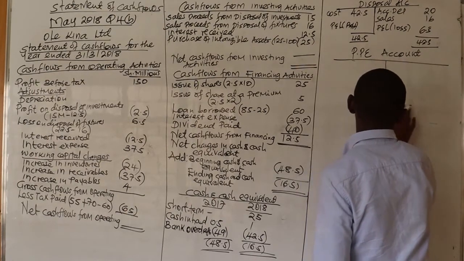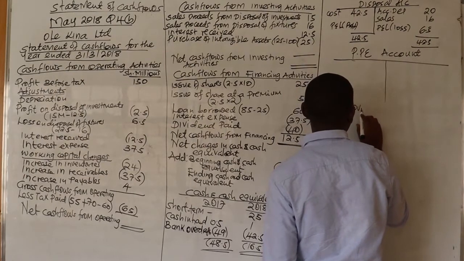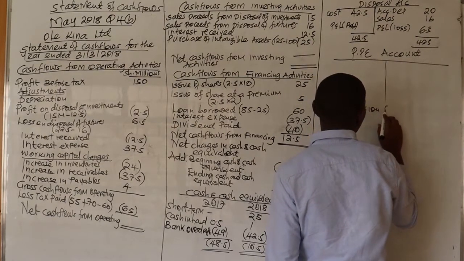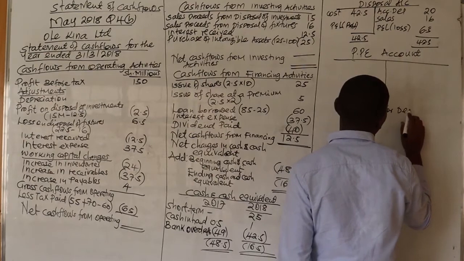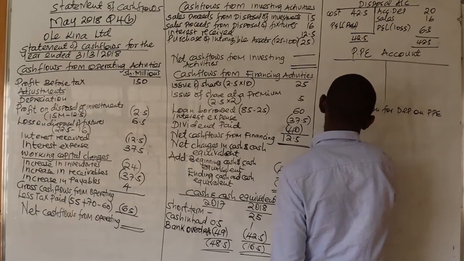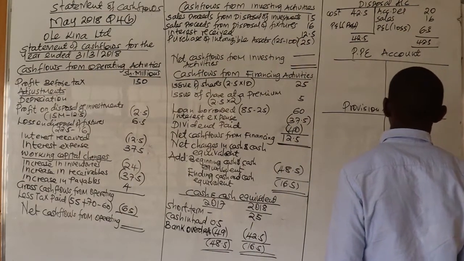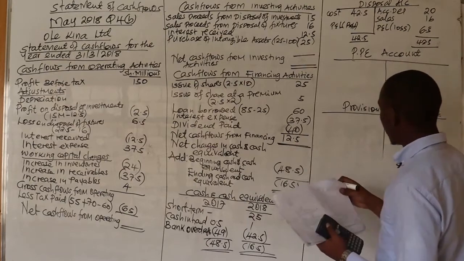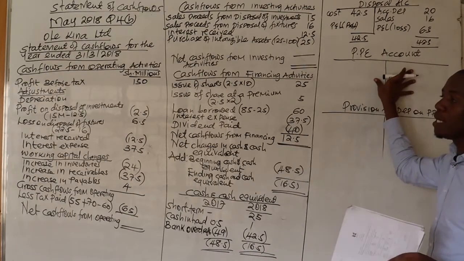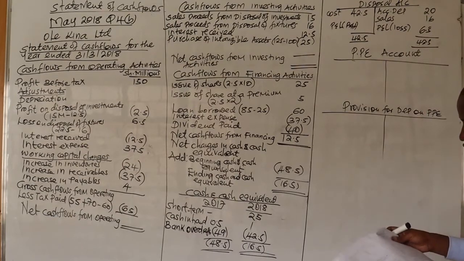We can also have the provision for depreciation on PPE. So that is for the property, plant and equipment. Now, in this case for the PPE, we'll base it on cost. This one is on the accumulated depreciation.